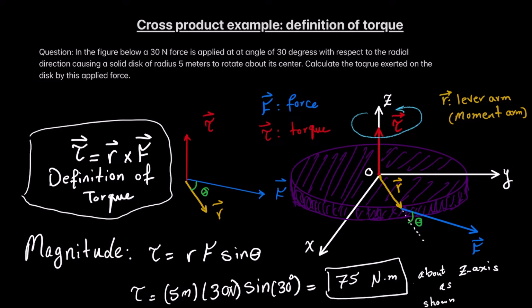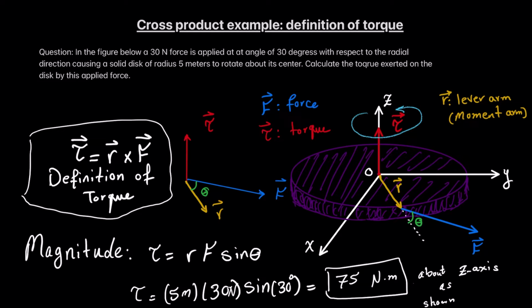When you draw the radius, the radial direction by definition is away from the center, causing a solid disk of radius 5 meters to rotate about its center. The radius of the disk is given as 5 meters here. It says calculate the torque exerted on the disk by this applied force.